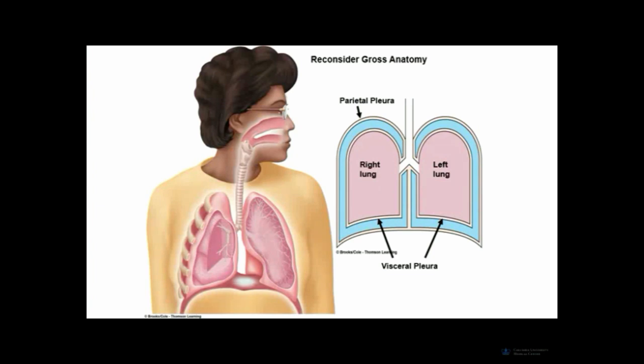The fact that you can't pull them apart, that's surface tension. The same thing happens between these pleural membranes. There's a lot of surface tension. So the lungs are stuck to the thoracic cavity wall, just like those two slides are stuck to each other.